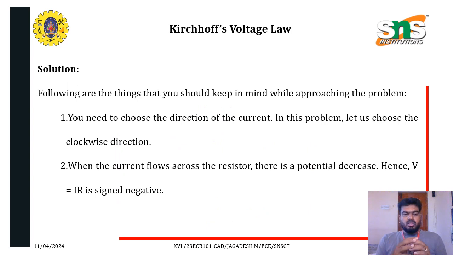So, the solution. The following are the things you should keep in mind while approaching the problem. You need to choose the direction of the current. In this problem, let us choose the clockwise direction. When the current flows across a resistor, there is a potential decrease. Hence, V equal to IR is signed negative.